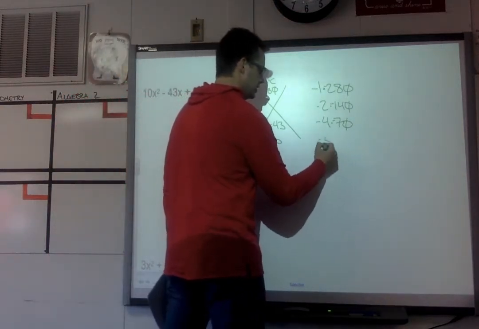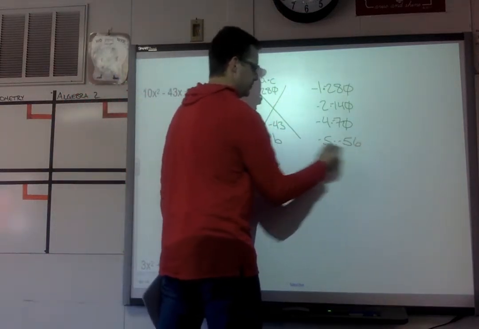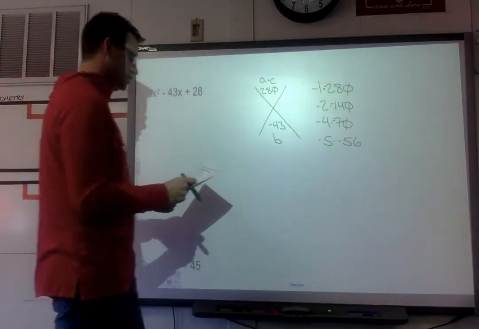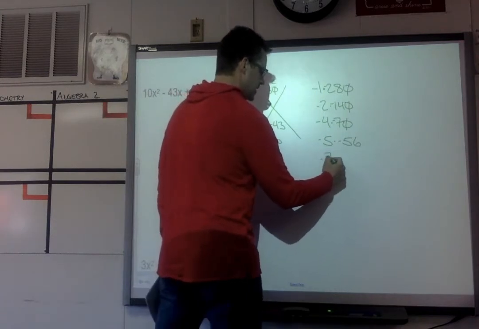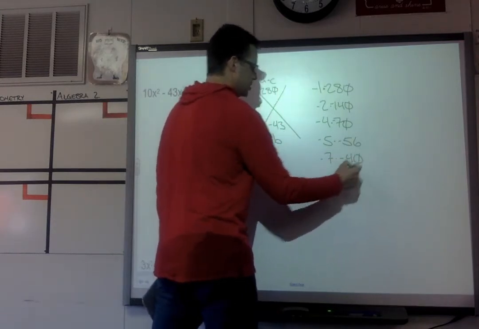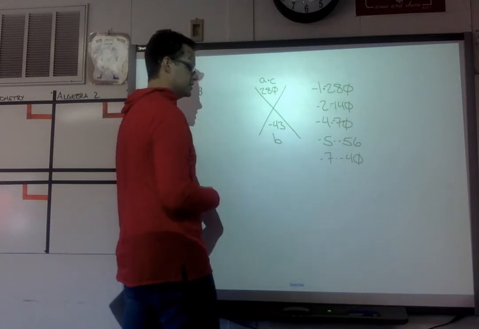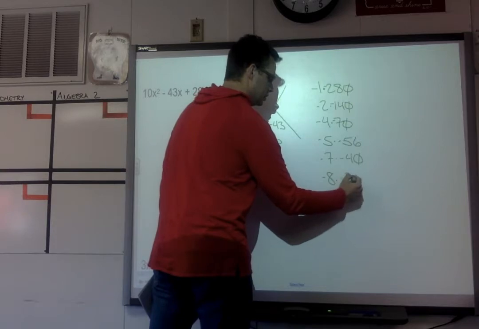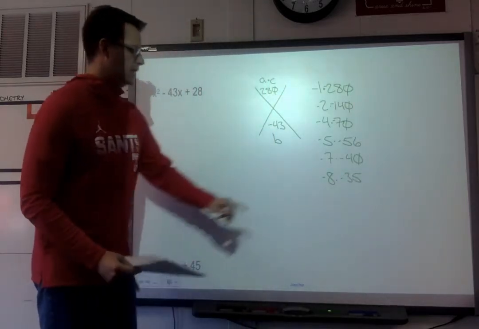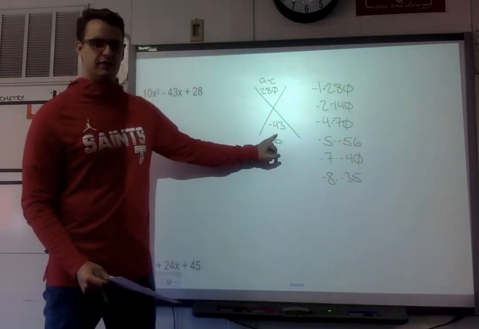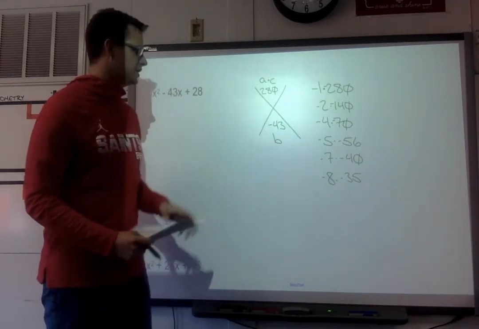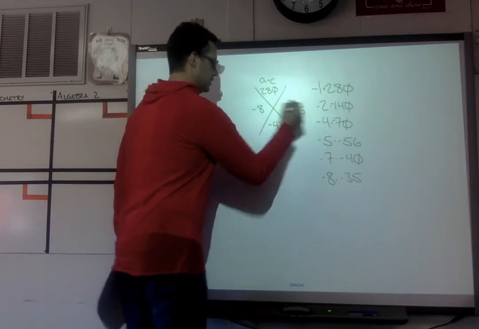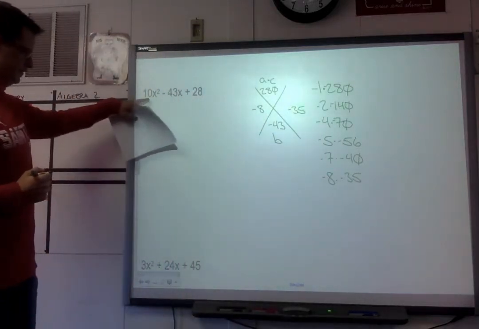We could do negative 5 times negative 56. We're getting closer. That'll give us negative 61. We could do negative 7 times negative 40. Those added together would give us negative 47. We could do negative 8 and negative 35. Added together give us negative 43. Multiplied give us positive 280. So those will be our two numbers, negative 8 and negative 35.